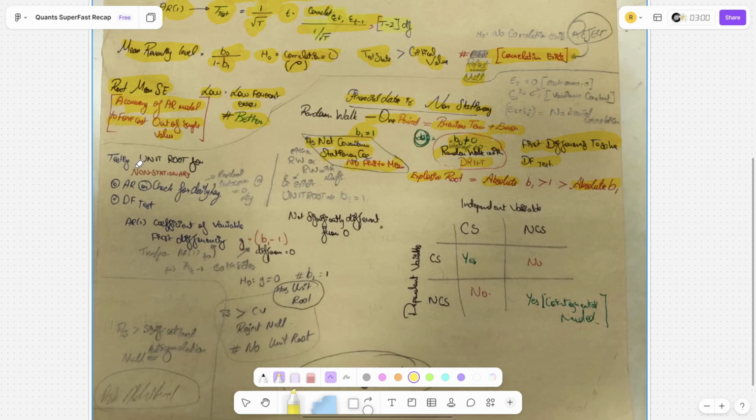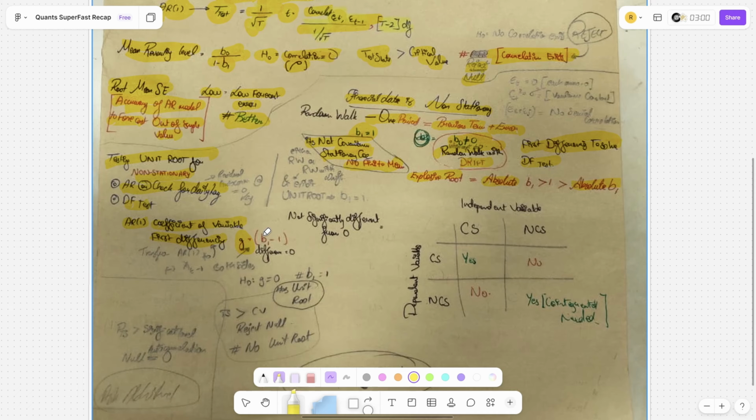Then we come to the test for unit root, for non-stationarity: the DF test, the AR model test, and checking for lags. We take the first difference of the variable, then we do hypothesis testing on it with G. G is basically the coefficient of the differenced variable, which is equal to B1 minus 1. We expect this to be other than 0, because if B1 is less than 1, then G is less than 0, meaning that it does not have a unit root.